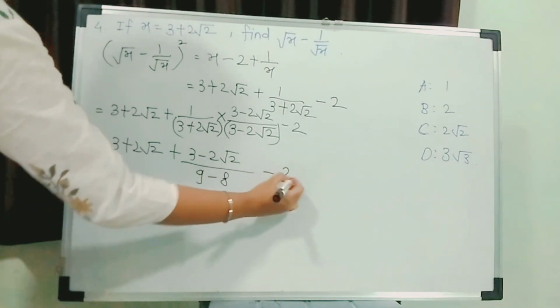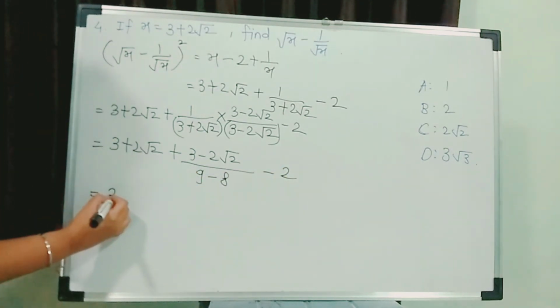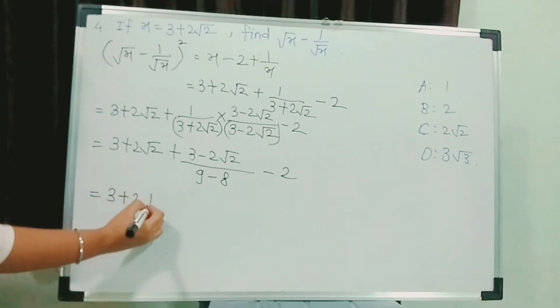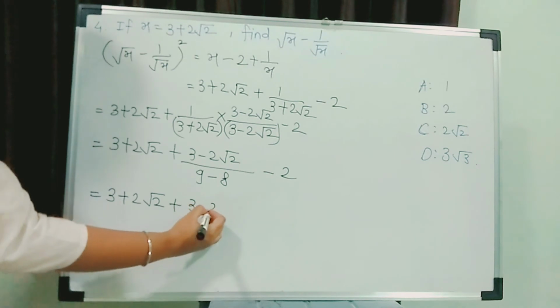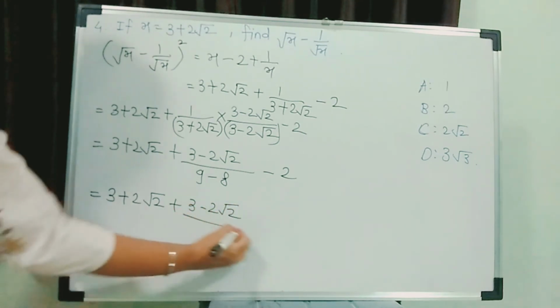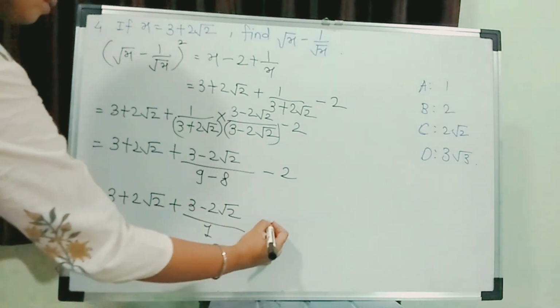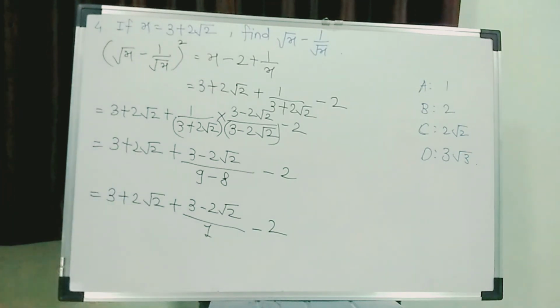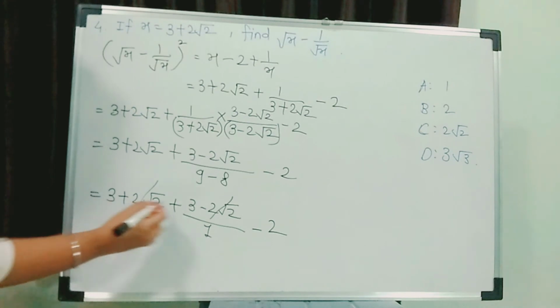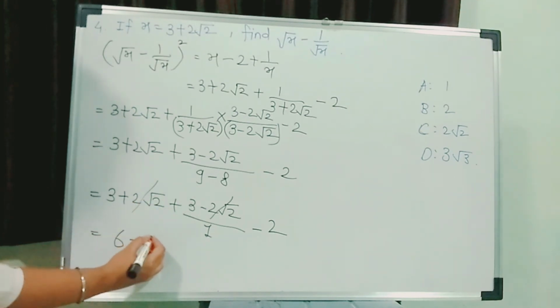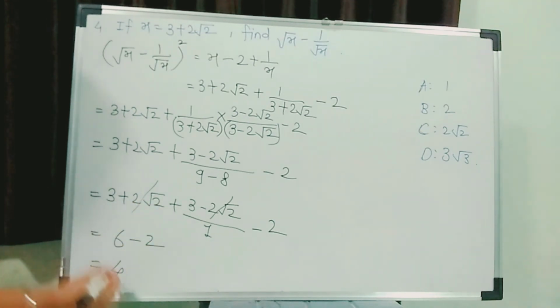This minus 2. 3 plus 2 root 2 plus 3 minus 2 root 2 upon 9 minus 8, 1, minus 2. This plus 2 root 2 minus 2 root 2 cancel. 3 plus 3 6, minus 2, 4.